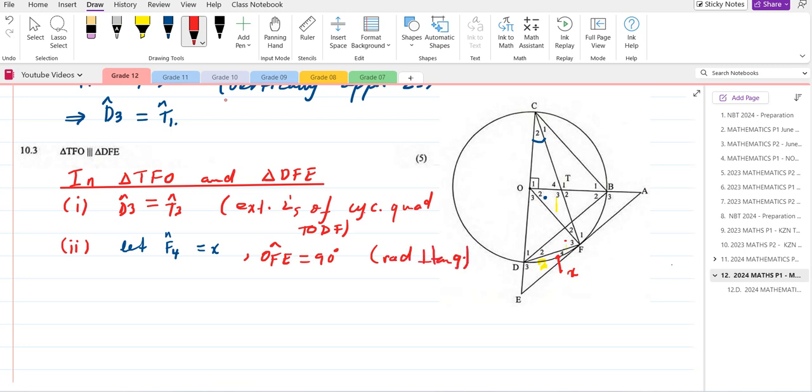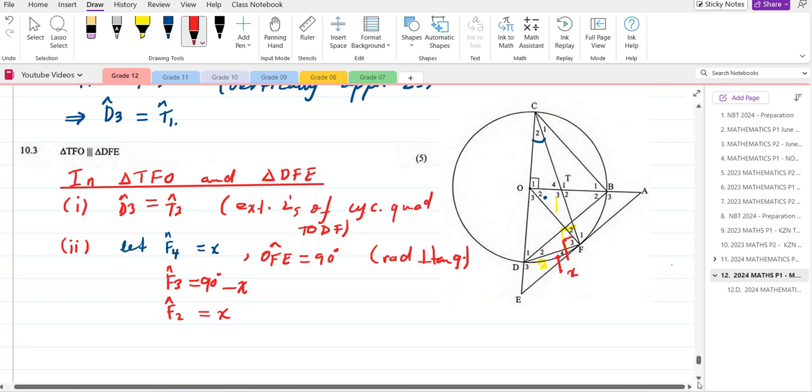Now we can say angle F3 is 90 degrees minus x. Right, angle F3 is 90 minus x, but now remember F2 and F3 was also 90. So if this angle is 90 minus x, then angle F2 is back to x because F4 is x. So angle F2 will now become x.